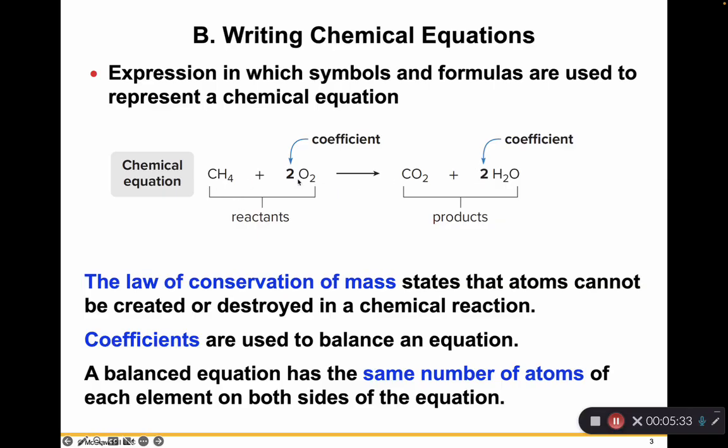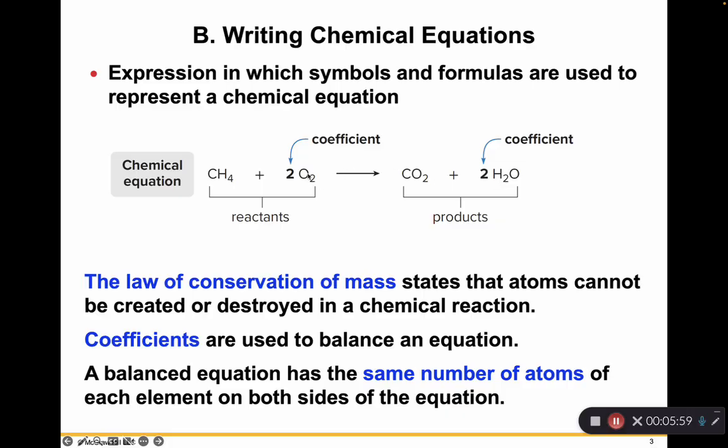Once we place 2 in front of the oxygen molecule and 2 in front of the water molecule, now we can count. Altogether we have only 1 carbon on both sides. We have 4 hydrogen atoms on the left hand side, and 2 times 2 makes 4 hydrogen on the right hand side.